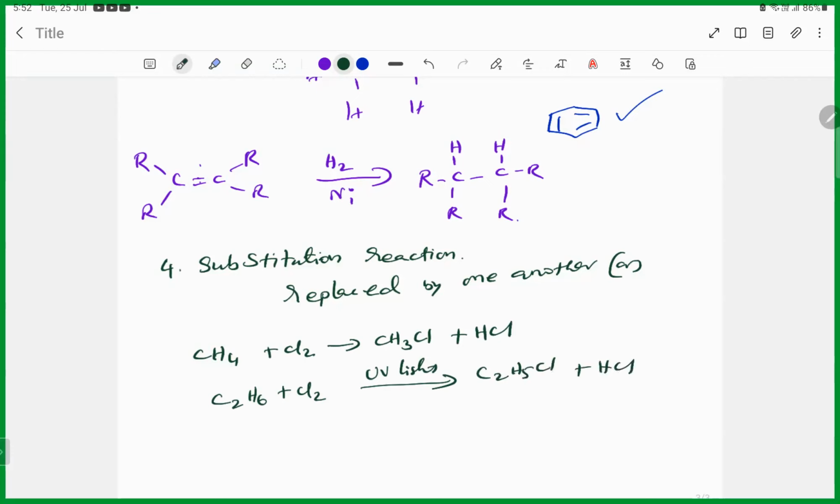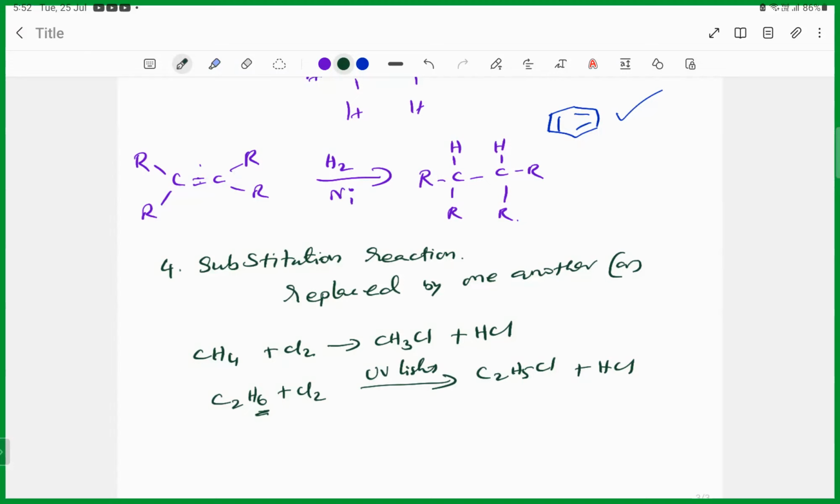So this is known as substitution. What happened? Instead of one hydrogen, one chlorine is substituted. So substitution of one by another is known as substitution reaction. These are the very general properties of the carbon compounds.